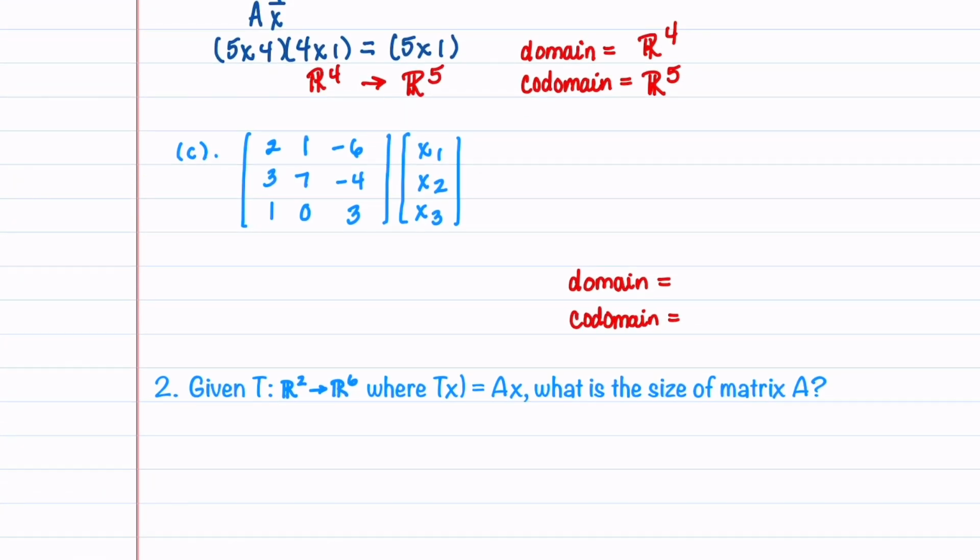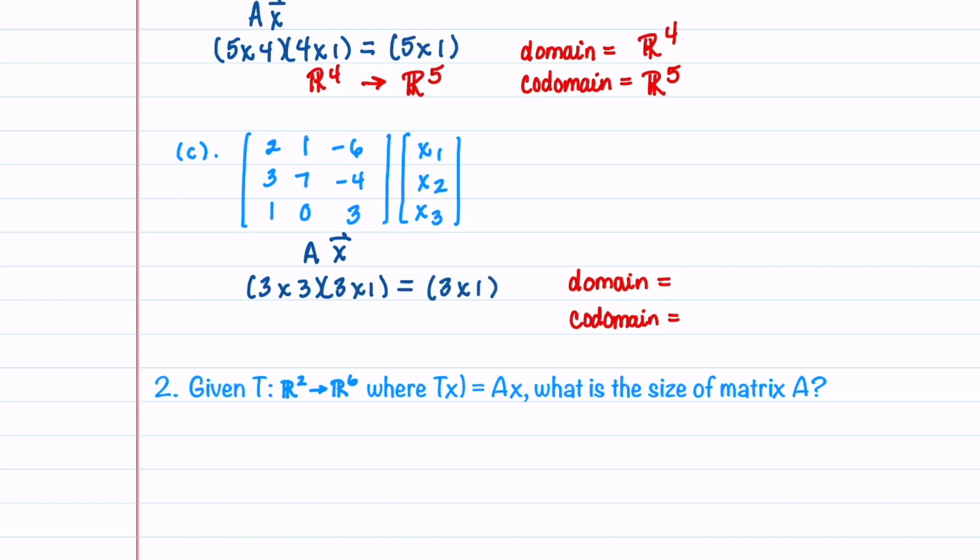Let's now look at part C. We need to notice in part C that the matrix and the vector that we're given is just A times x. Let's now write down their sizes. A is 3x3. Our vector x is 3x1. And that gives us a transformation that has the size 3x1.